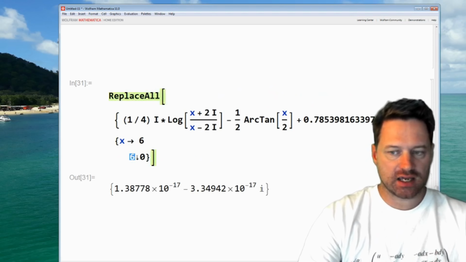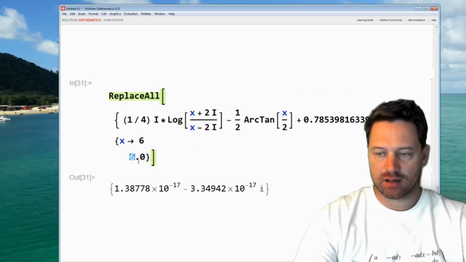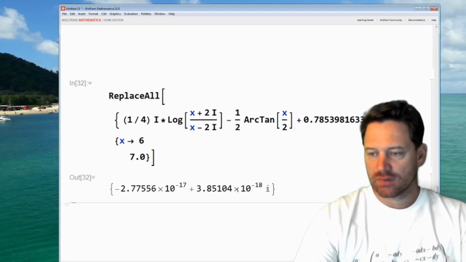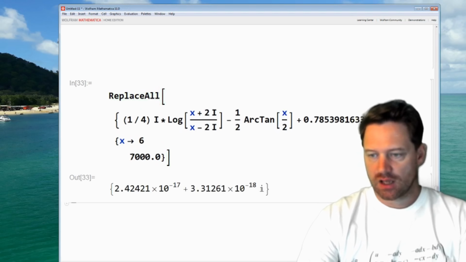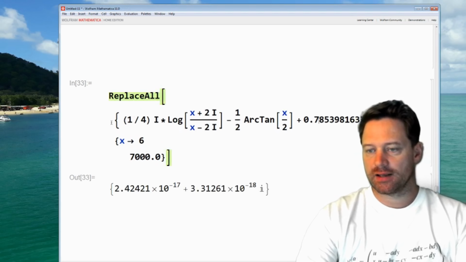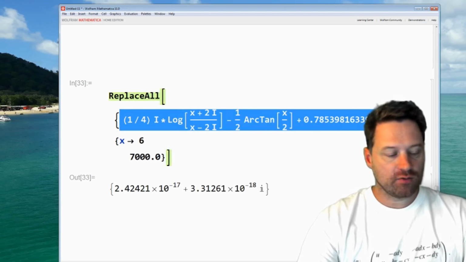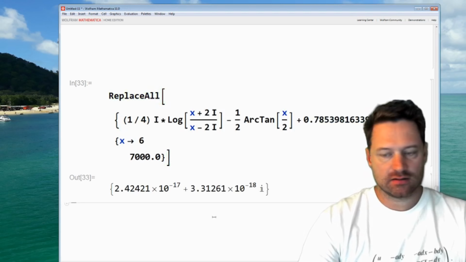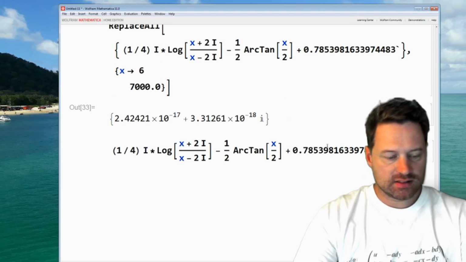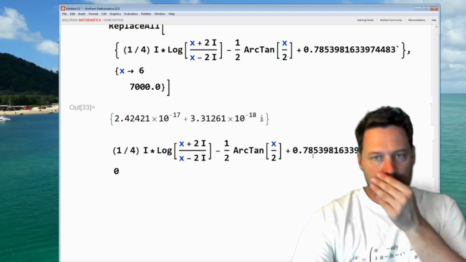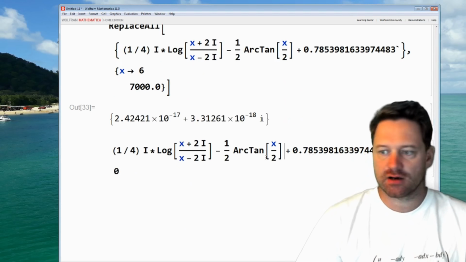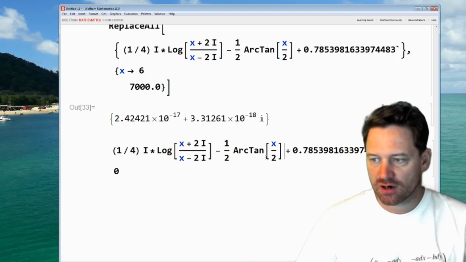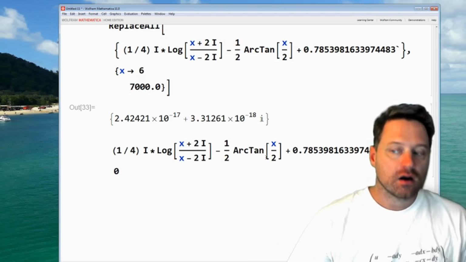Now if we change the value of x, is it still the same? Let's go 7. Yep, still looking like 0. Let's go 7,000. Yep, still looking like 0. So we roughly find that this is equal to 0, right? For all real x. So that's just a conjecture, right? You'd still have to go and do the hard work to show that those two are the same.